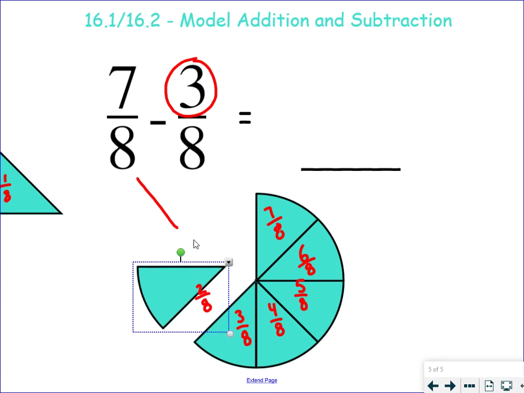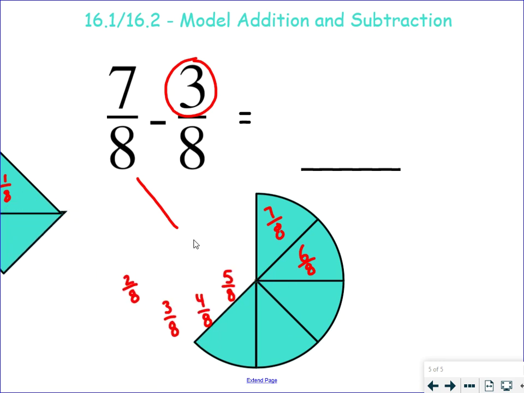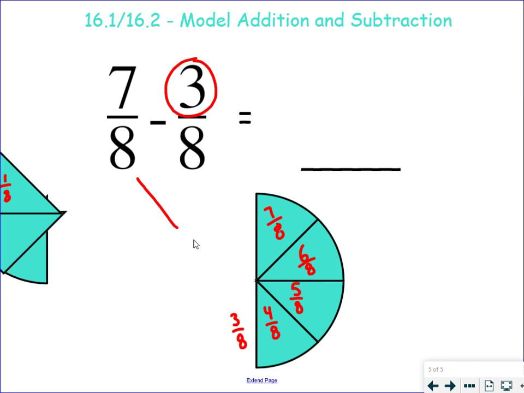This one's gone because that's 2/8. And this one's gone because we have to subtract 3, 3/8.